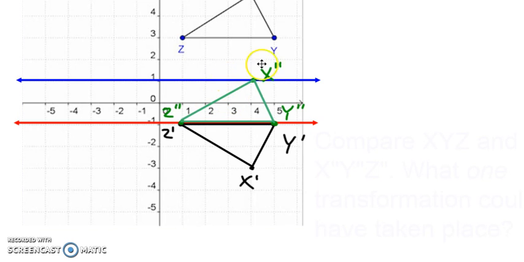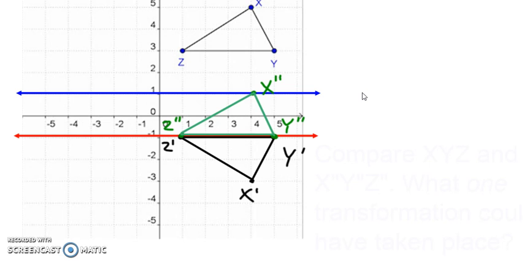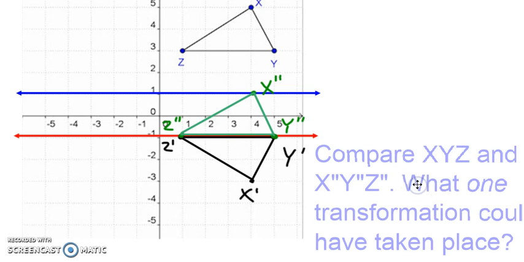And so in green, I have my final composite transformation image, x double prime, y double prime, z double prime. My x double prime is 2 spaces away, and both z double prime and y double prime are on the line of reflection.